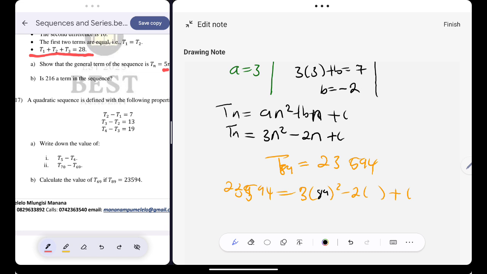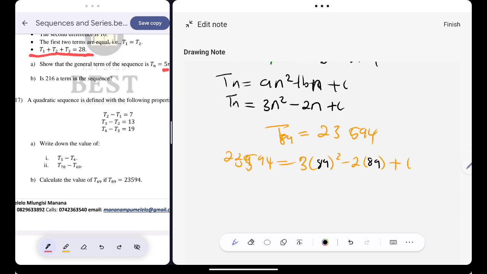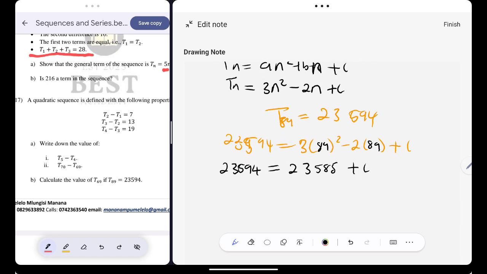I will have 89 here: 3 multiplied by 89 squared minus 2 by 89. So 23,594 is equal to 23,585 plus c.